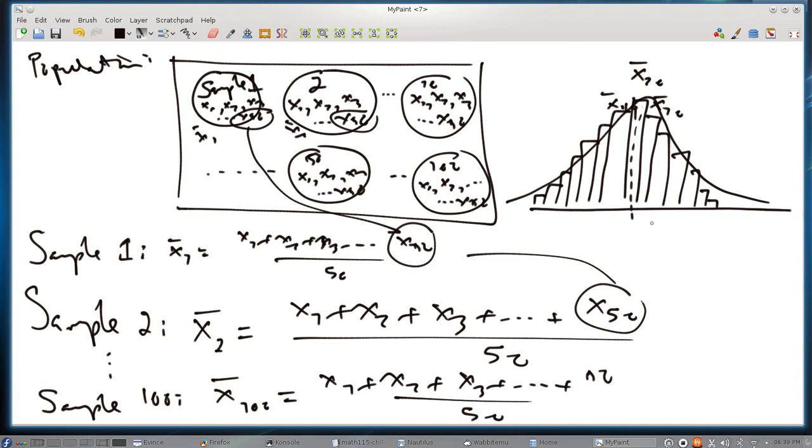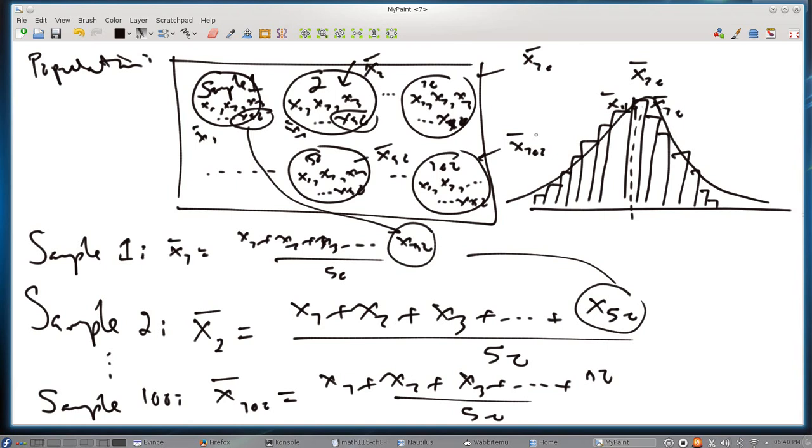So you can see here that if we gather all of these mean values right here, so you can see here x1 bar is the sample mean of the first sample, x2 bar is the sample mean of the second sample, x20 bar is the sample mean of sample number 20, and then x50 bar is the sample mean of sample number 50, and then x100 bar is the sample mean of sample 100.